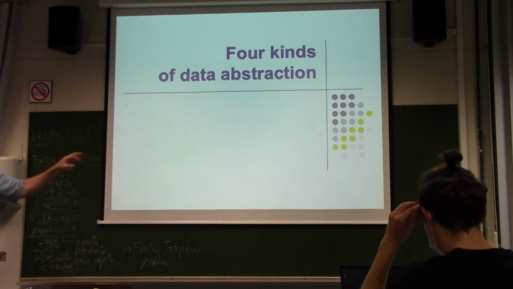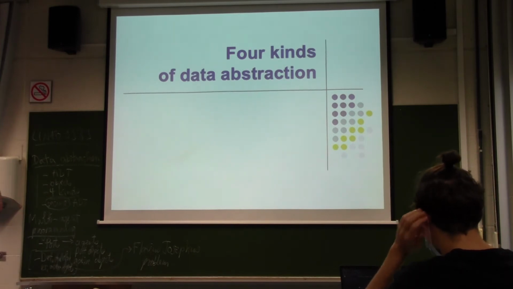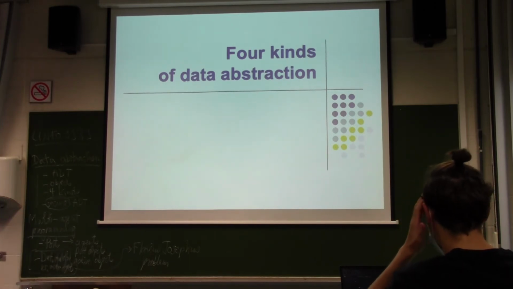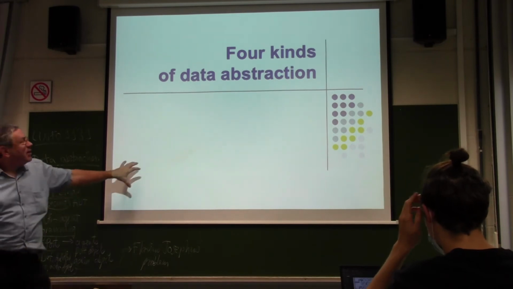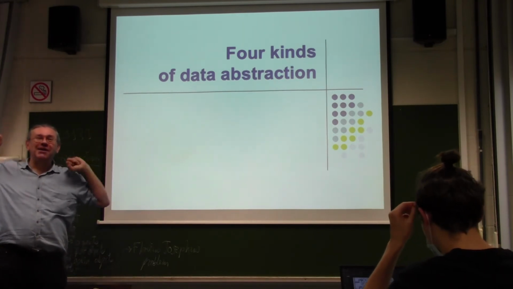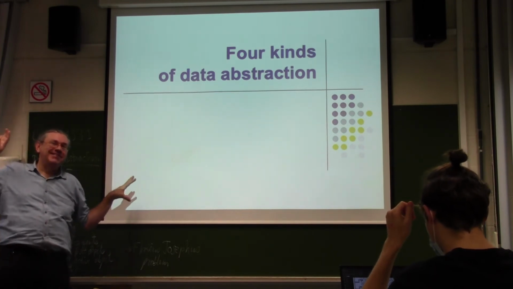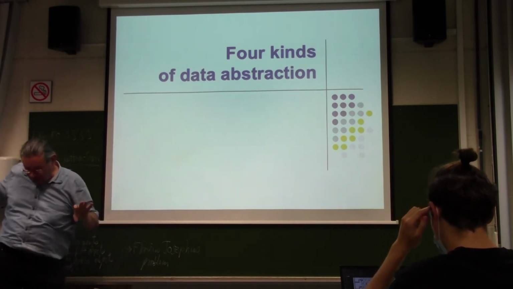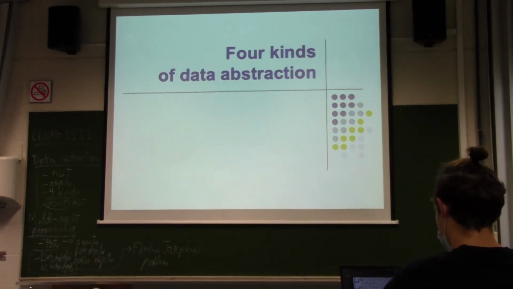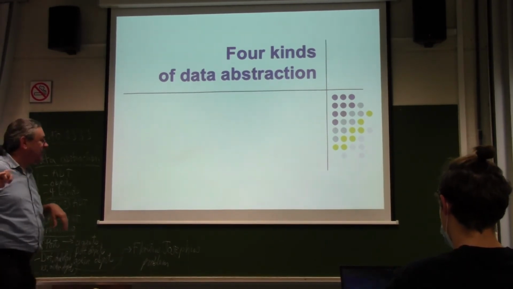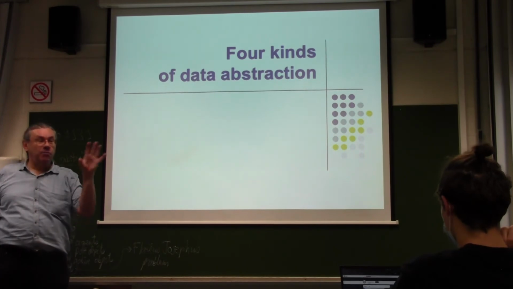So this is not just theory, it's actually used in modern systems. But let me make a small break now, and then I'll show you the weird, the exotic data abstraction. What I showed you now was the normal ones, okay? But there's some weird ones that are not so much used, but it's interesting to see them. So I'll show them to you after the break. So we make a small break.